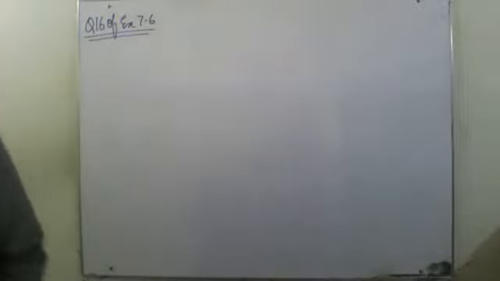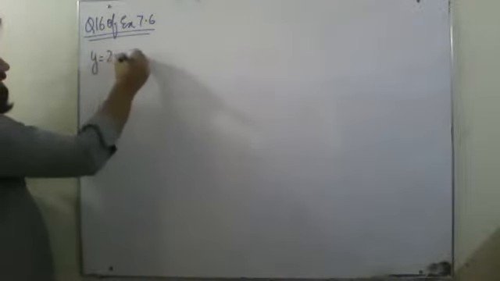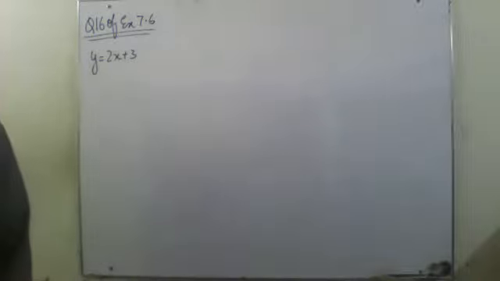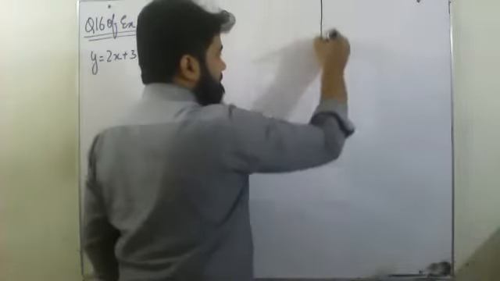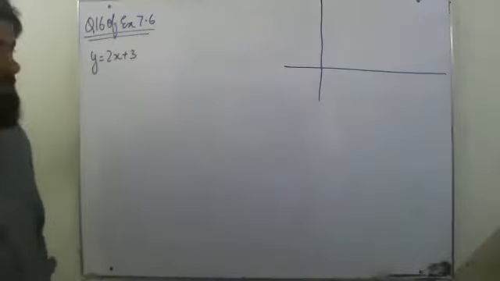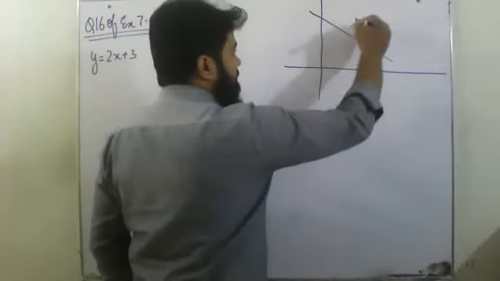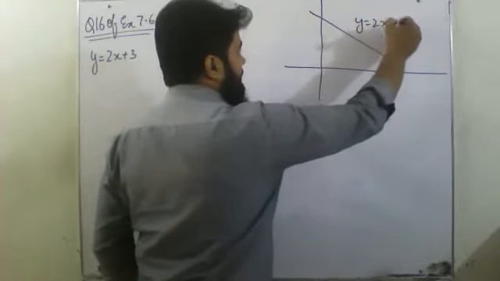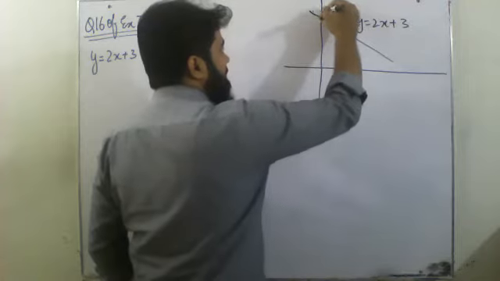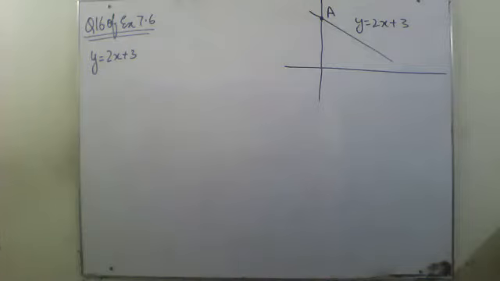The question says the line y equals 2x plus 3 intersects the y-axis at A. So for instance, this is our x-axis and y-axis, and I'm making a line over here, y equals 2x plus 3, and this line is intersecting the y-axis at A. That's the first thing. Just a rough diagram.